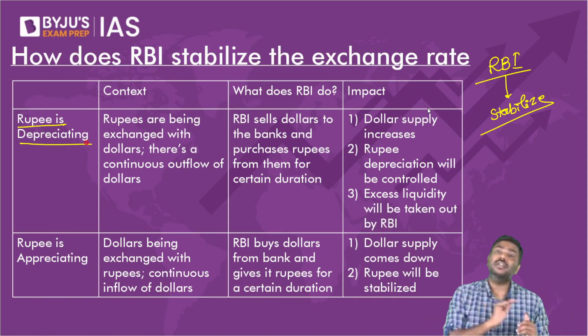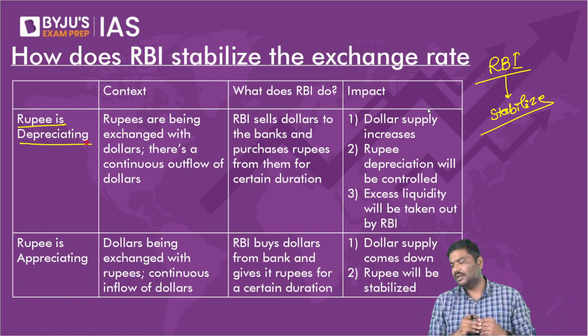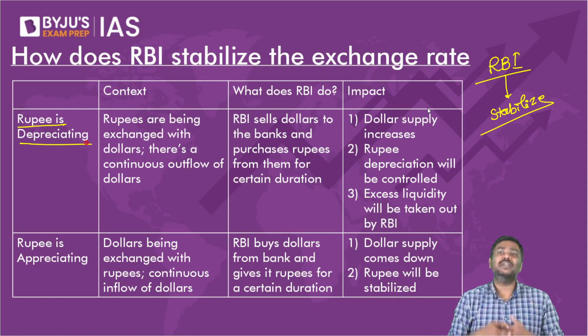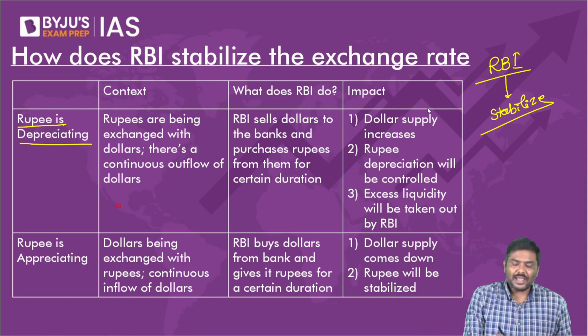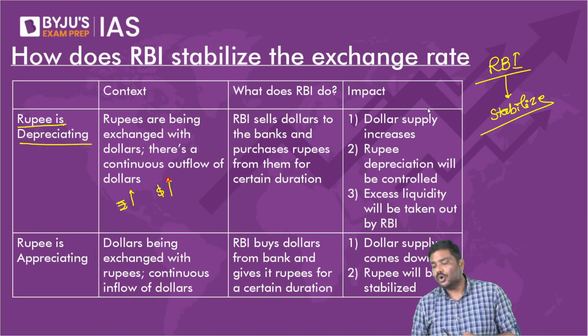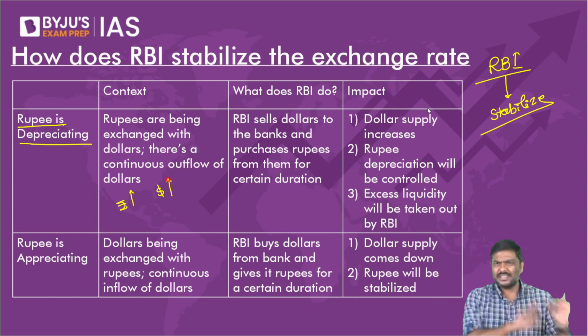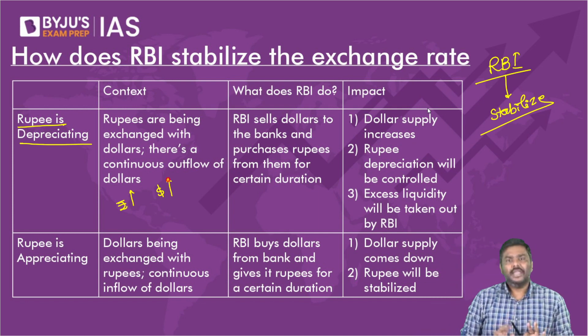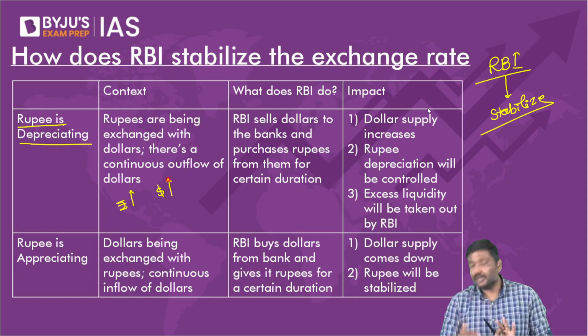Imagine the rupee is continuously depreciating. Very fast, continuous rupee depreciation is happening. So can I say rupee depreciation means the supply of rupee is very high and demand for dollar is also very high? Yes or no? Please do let me know. Basic concepts will apply now.